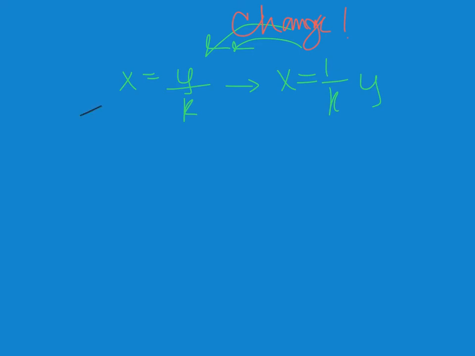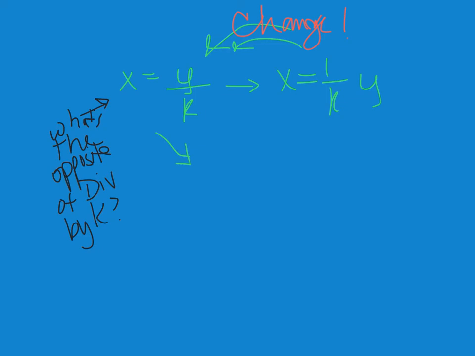So if I go to this problem right here, and it's always the same, what's the opposite? In this case, what's the opposite of divide by k? Hopefully, I'm going to give myself more room here, so I'm going to move it. x equals y divided by k. Hopefully you know the opposite of division is multiplication, so times k and times k.